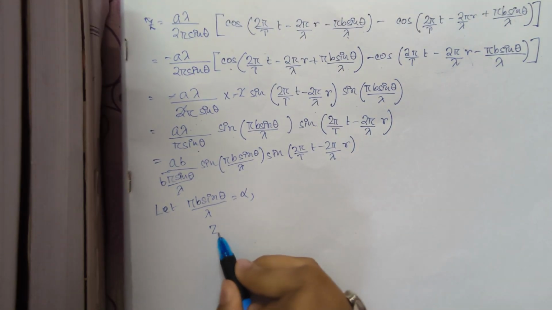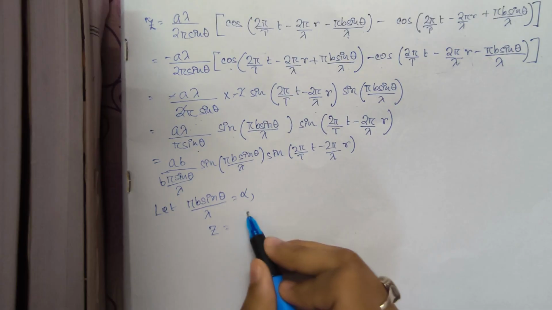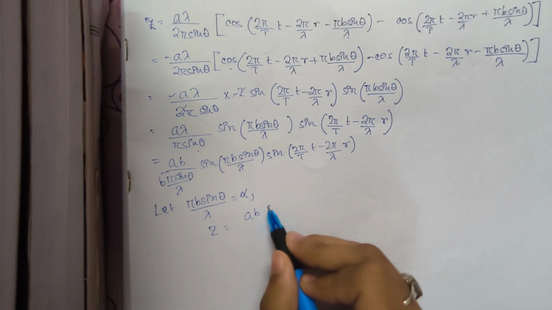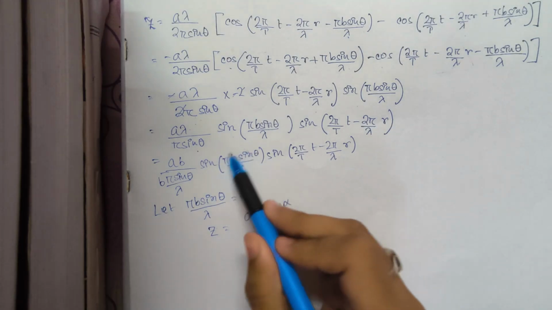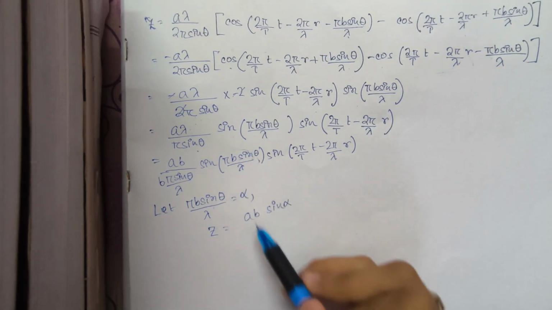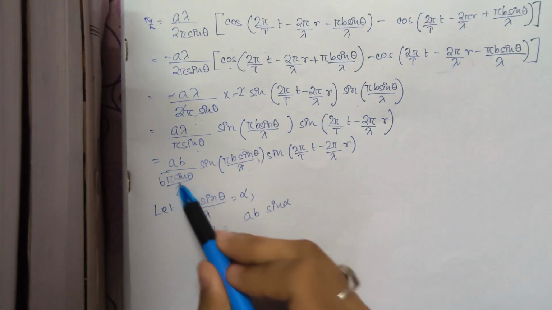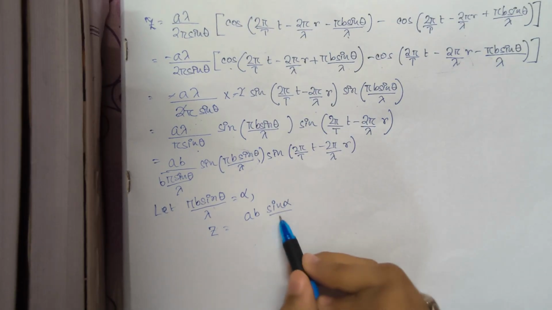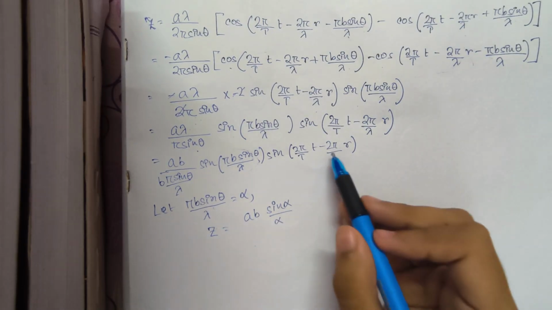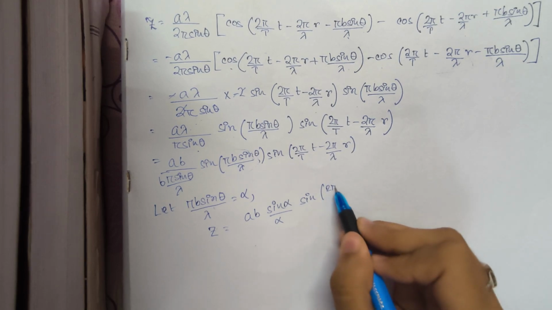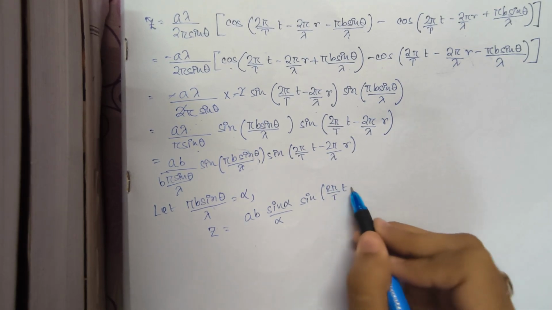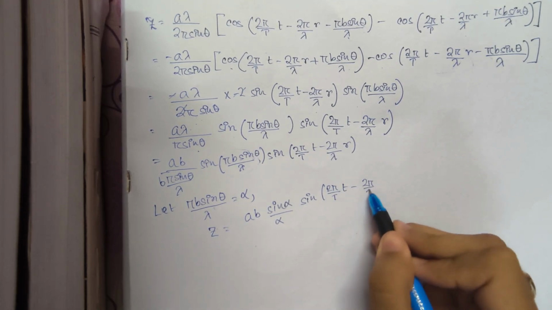We can write Z equal to a b into sine alpha by alpha, and we will write the rest of the thing, sine of (2 pi by capital T into small t minus 2 pi by lambda into r).